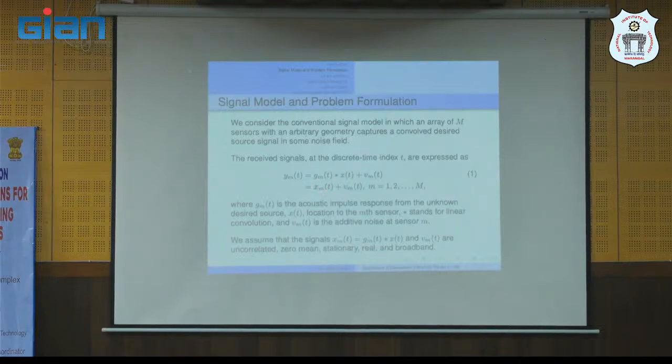So we need to choose the reference sensor. Which one is the reference sensor? Usually we would like to choose the best sensor. If we don't know, we arbitrarily choose one of the sensors. We hope that this one will be the best, or at least not too bad compared to the others. Once we choose, we try to estimate the signal in the reference sensor using the noisy measurements from all sensors.